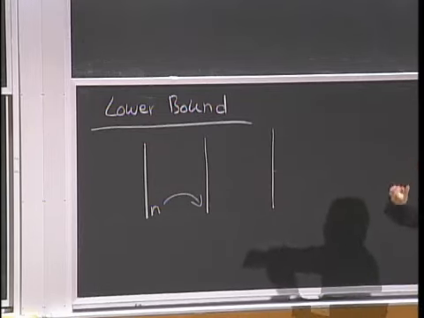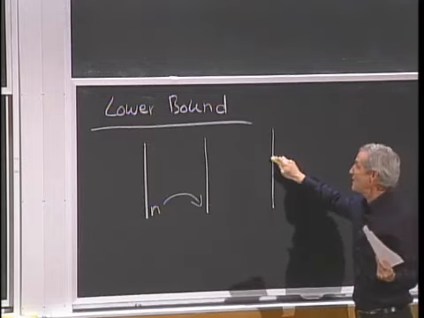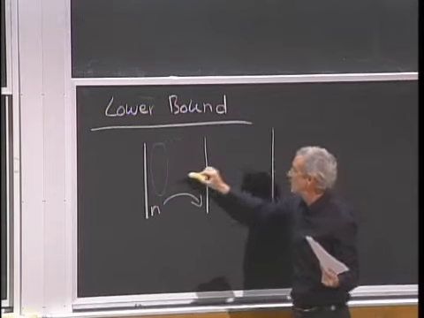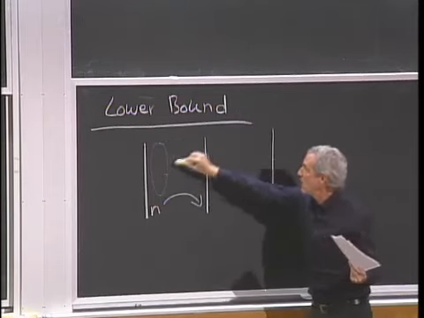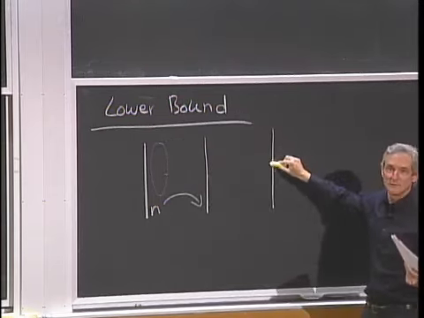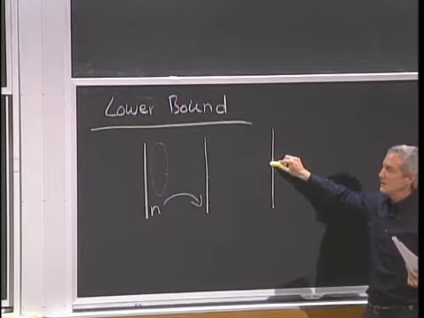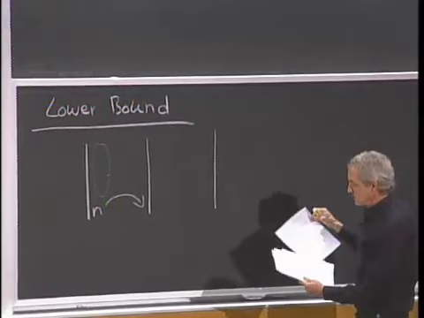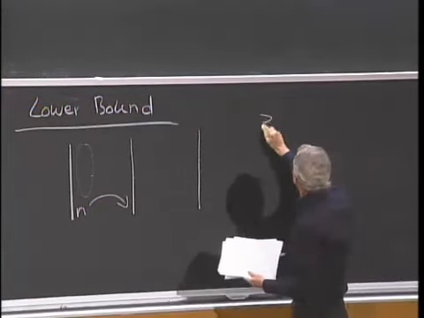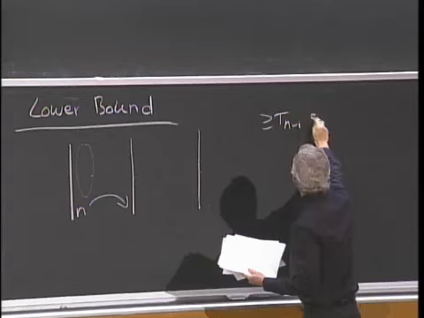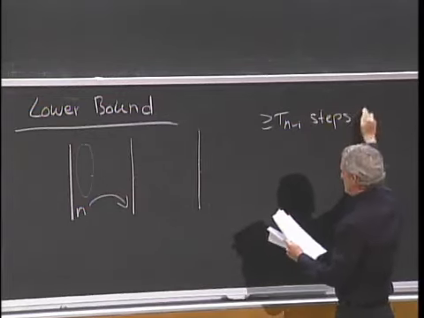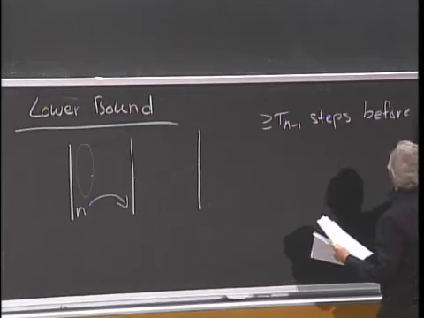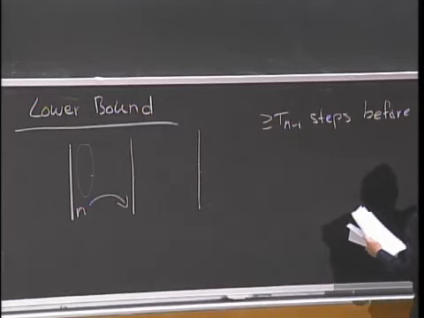Everything on top of it had to move to the other peg. I started with 1 through n minus 1 here. None of them can be here. They all have to be here. OK? So that means that I have to have had at least T(n minus 1) steps before the big disk moves.